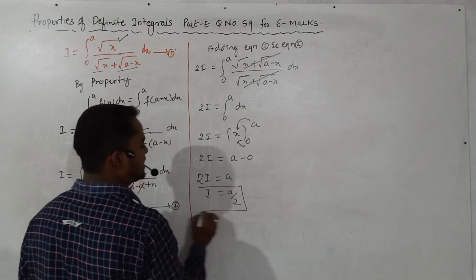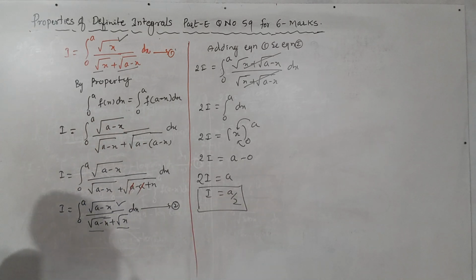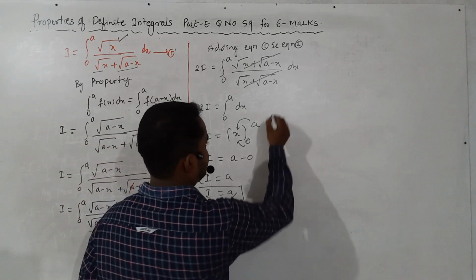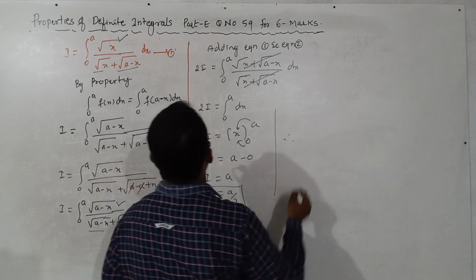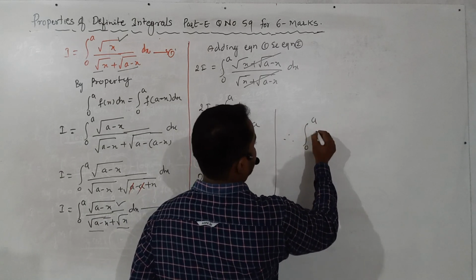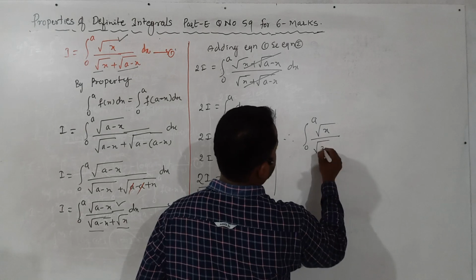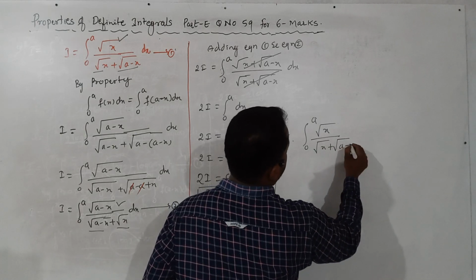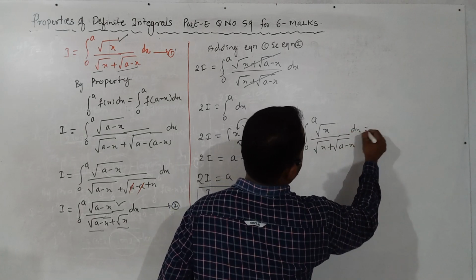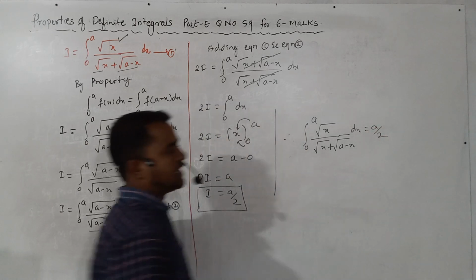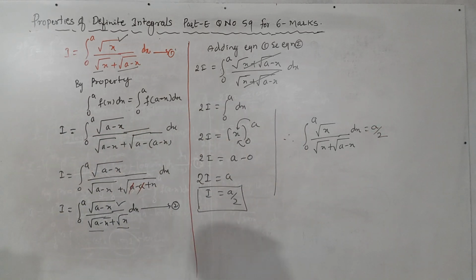So this is your final answer. Therefore, integration of 0 to a root x divided by root x plus root a minus x dx is equal to a by 2.